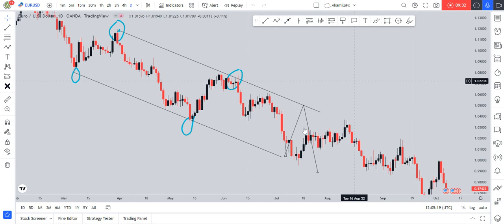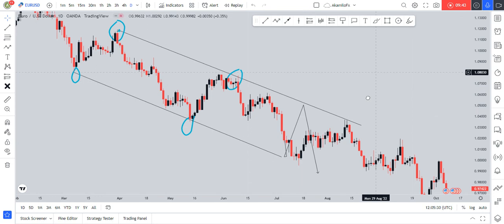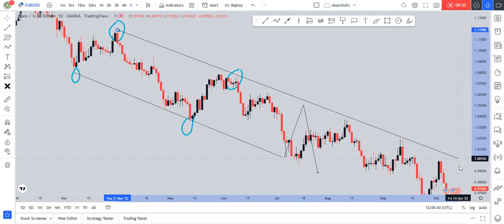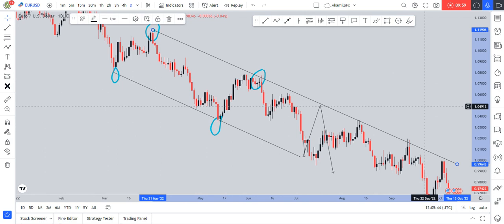When price comes here, you see price has touched this lower high. See what happened. Price moves to the downside, and then we keep on following the trend.